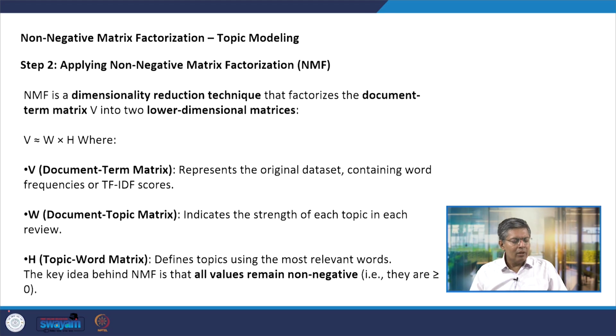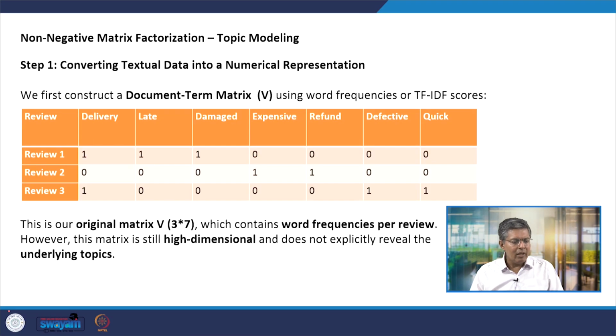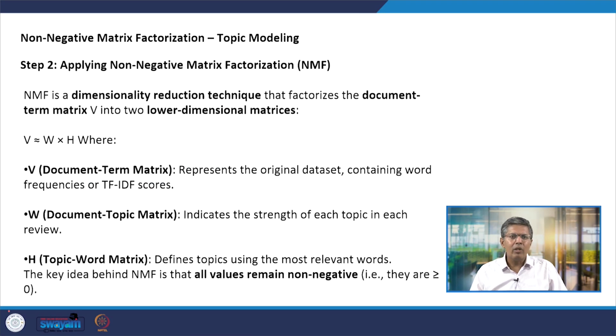Okay. So, it decomposes the earlier matrix into 2 lower dimensional matrices. So, V is approximately equal to W into H. Now, what is V here? Document term matrix. So, this one, right, and what is W? Document topic matrix, and what is H? Topic word matrix. So, the document term matrix represents the original data set containing word frequencies or the TF-IDF scores.